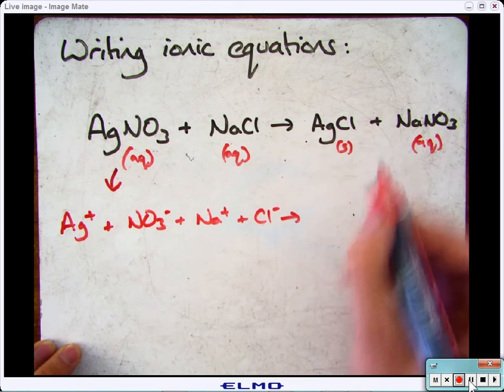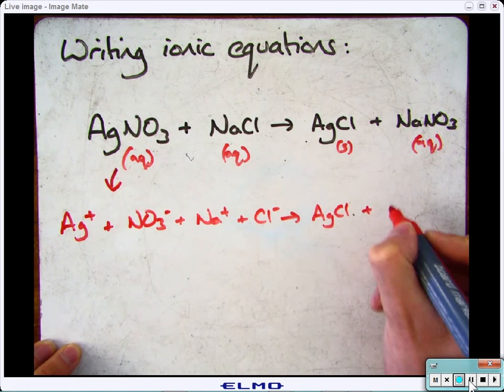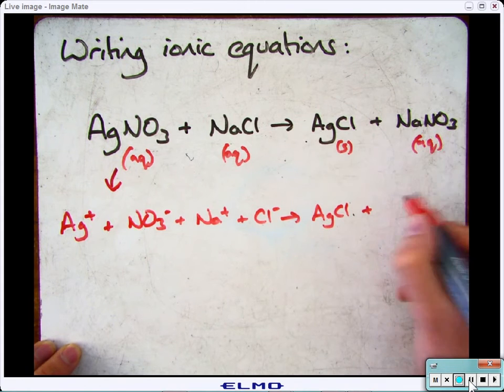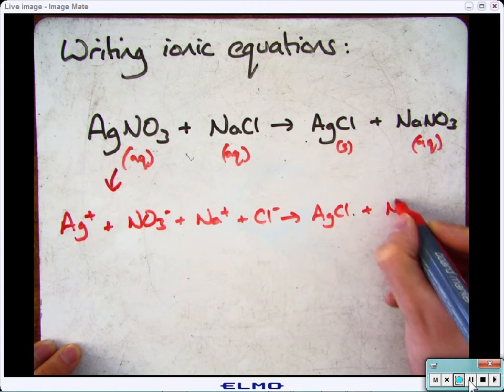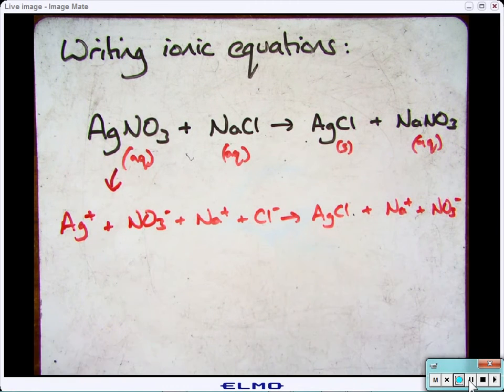This doesn't separate, so this stays as AgCl because it's a solid. Then we get sodium, which is Na plus again, and NO3 minus. So that is just writing out the ions where they dissociate and turn back into their ions when dissolved. And the only one that doesn't is anything that becomes solid.